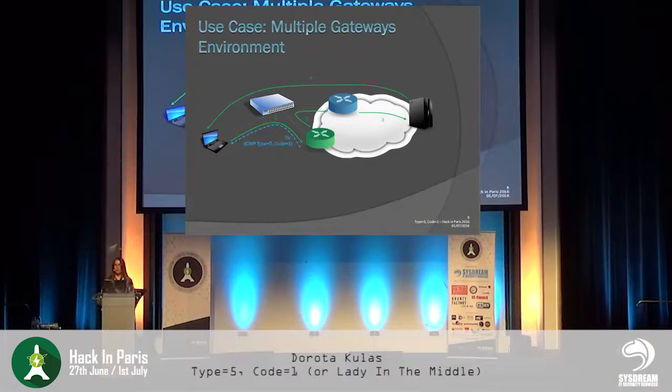Do you know what Type 5 Code 1 is? This ICMP message is ICMP redirect, and it was useful maybe in the 80s or early 90s, when we were all worried about our network speed. We used modems, and speed was really a bottleneck, so we wanted the shortest path to our destination.